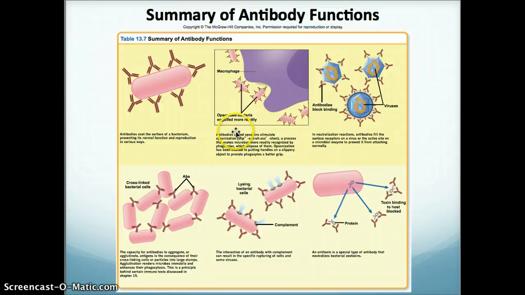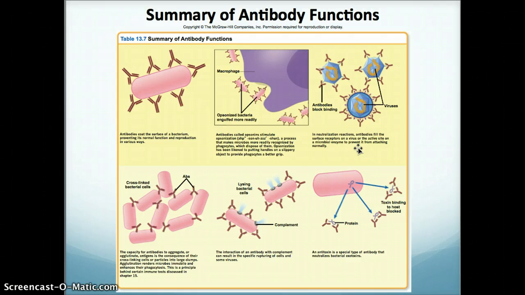In addition, these antibodies can stimulate something called opsonization. And this is a process that makes the microbes more easily recognized by the phagocytes. So it actually becomes like a handle on these bacteria that allows the phagocytes to grab on and then phagocytize that bacteria. In addition, it can also do neutralization.